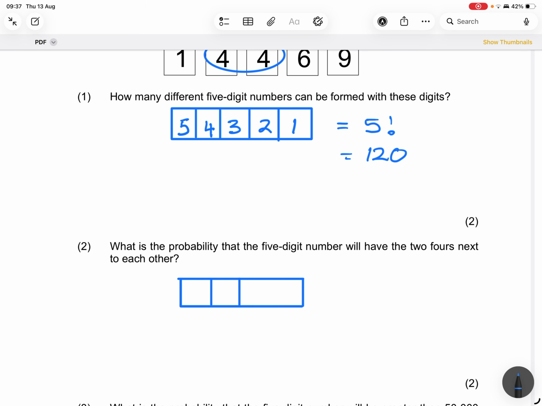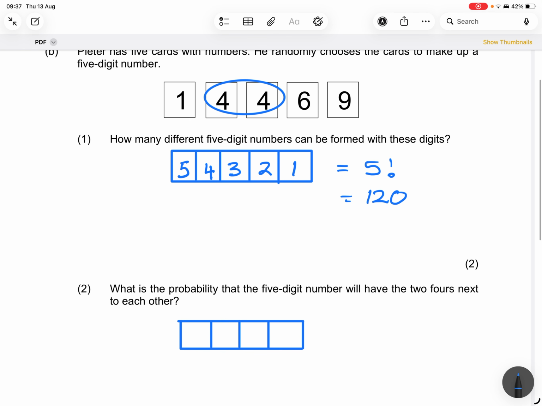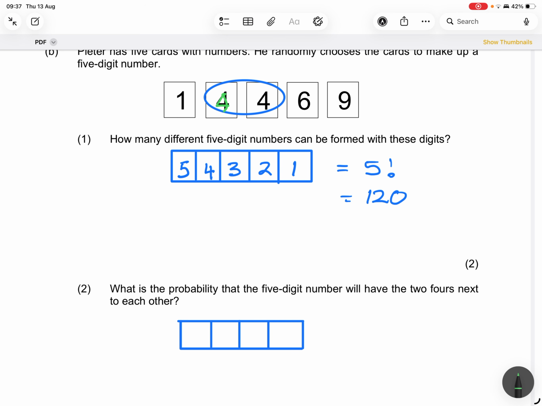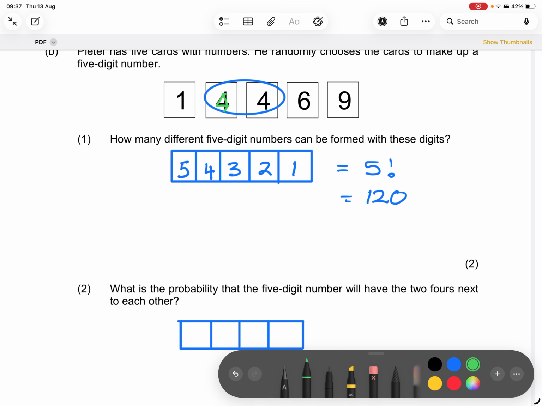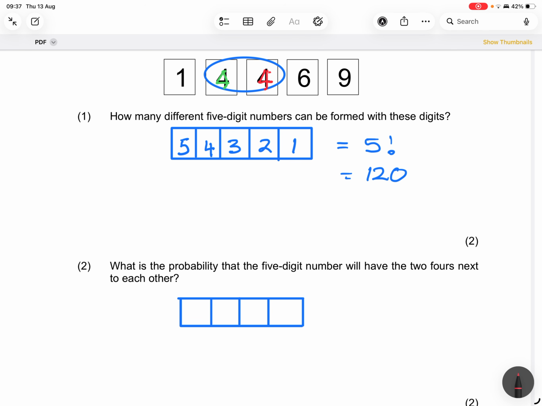But I want you to note, grouping the 4s together, we're taking them as one, but I'm still going to talk about the 4s themselves. Let's do this. Let's assume we've got a green 4, and we're going to treat them as different, and a red 4, so that you can understand this better. We are grouping those together.